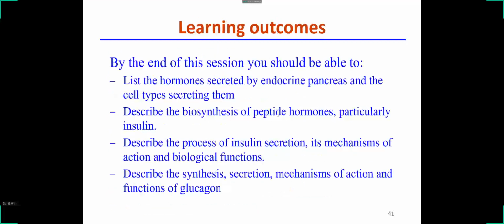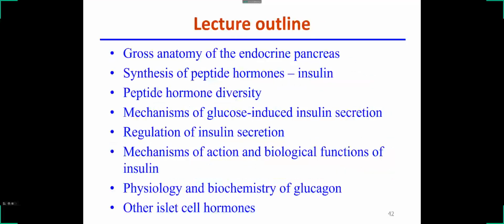So in general, from yesterday's or Wednesday's and today's lectures, you should be able to list the hormones secreted by the pancreas and the cell types making up the pancreas. Just remember, cover all the biogenesis of the peptide hormones that we talked about. Describe the process of insulin secretion, its mechanism, the synthesis, action and function of glucagon.